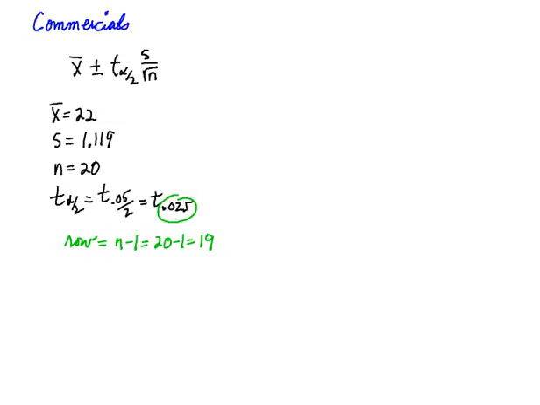So in column 0.025 and in row 19, I find the t-value of 2.093.